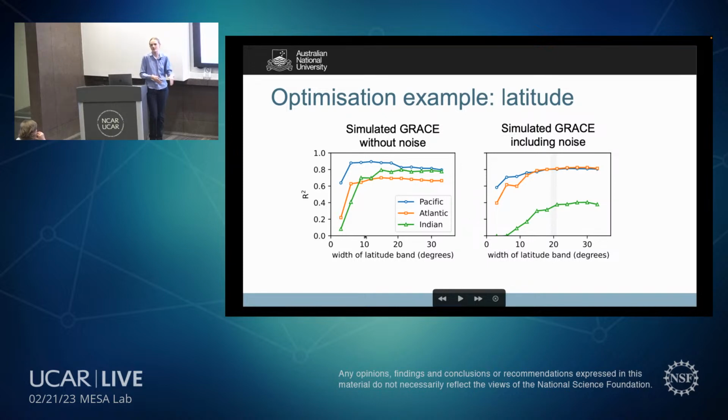But as soon as you start considering the uncertainty in the GRACE satellite observations, then it starts to matter that you're including more data to average out that noise. And I guess the moral here is, if you're trying to mimic observations, then you can't just mimic them in a perfect world in the model because you might miss some opportunities to improve your reconstruction. You need to include things like resolution also makes a massive difference, and the noise, the uncertainty in the data.